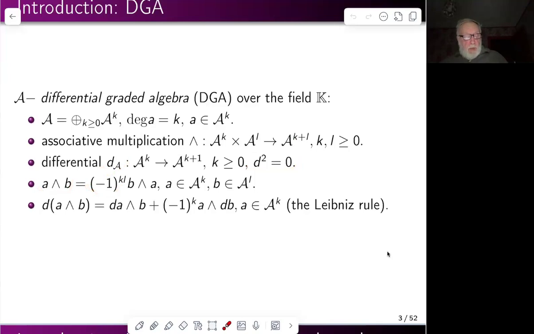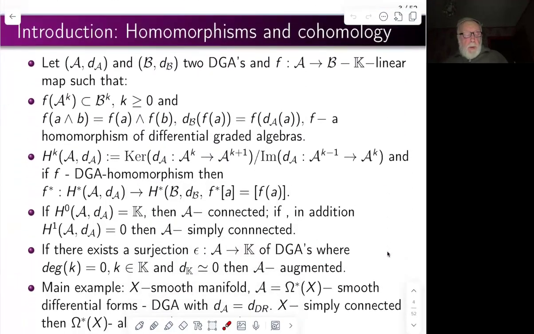So A wedge B equals (-1) to the power k times L, B wedge A. And also the super Leibniz rule: we have the derivation of the wedge product, and when we go from an element of degree k wedge any element, then we have the sign minus to the k in front of the second summand. So it is the standard, what people call Koszul sign rules.